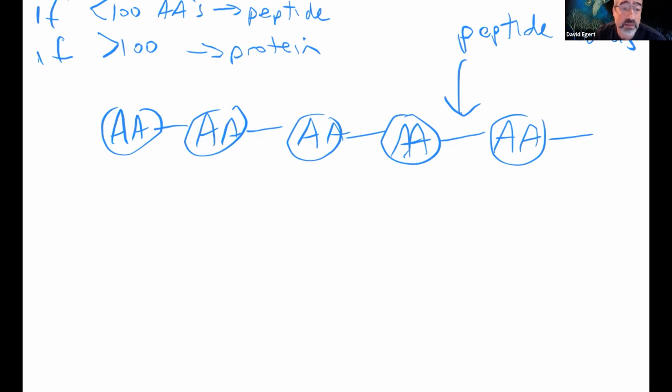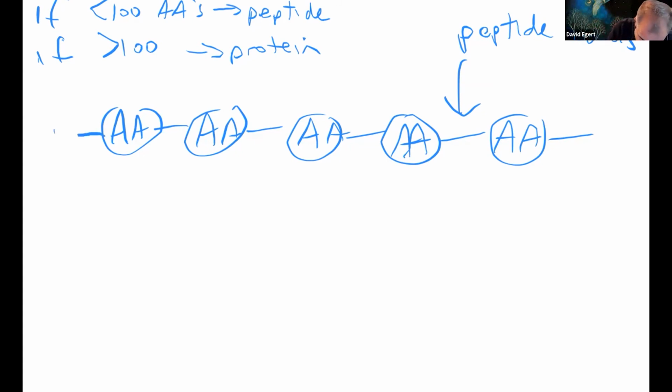So a lot of really important biologically active things are little chains of amino acids. The bigger ones, the ones that we're going to talk about in more detail now, tend to be much larger, like hundreds, thousands, tens of thousands of amino acids connected together in these huge, complicated molecules.